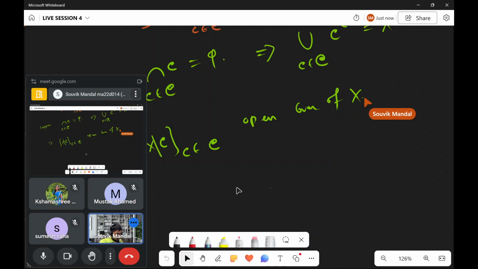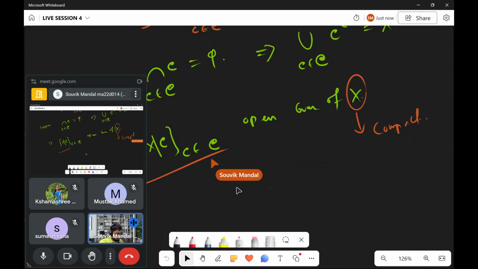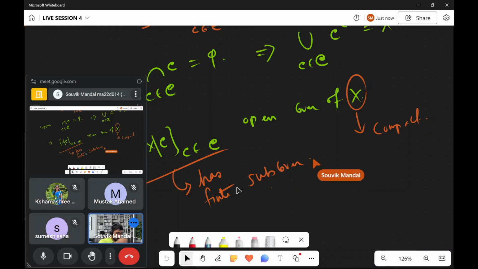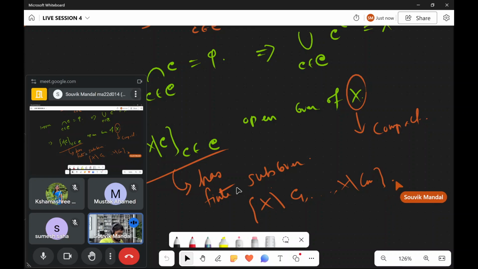Now it is given that X is compact. So this open cover has a finite subcover, correct? So let the finite subcover be X minus C1, up to X minus Cn.